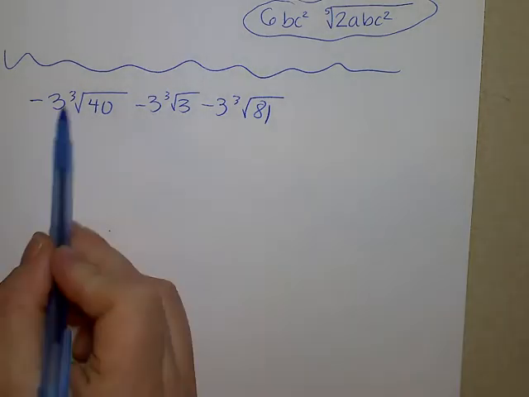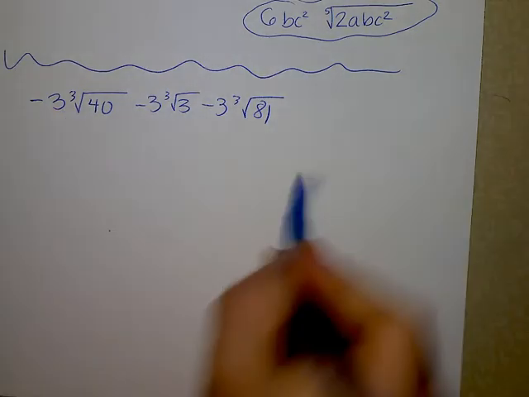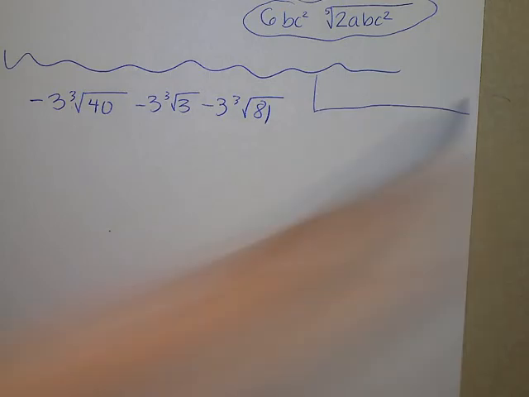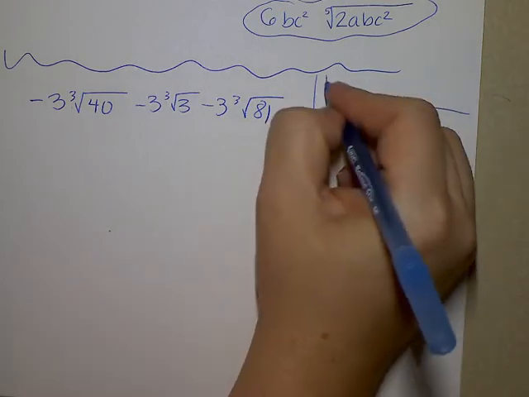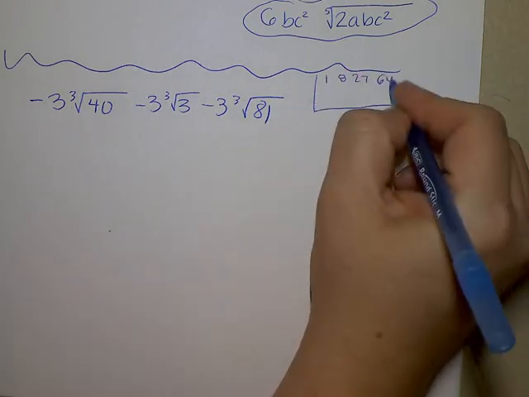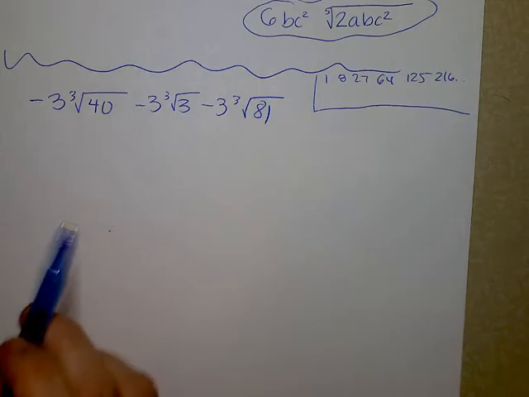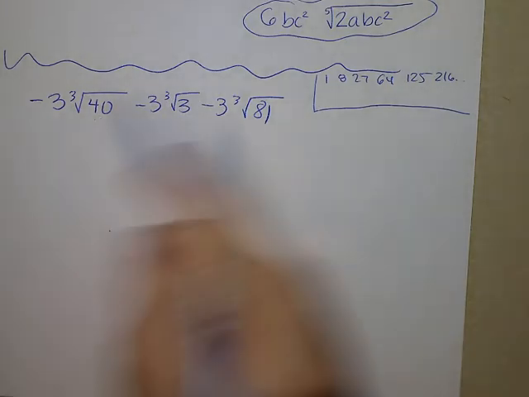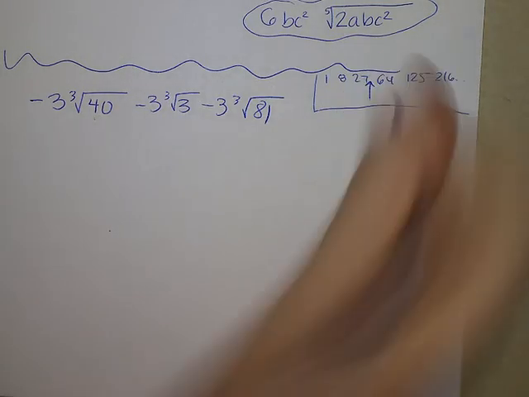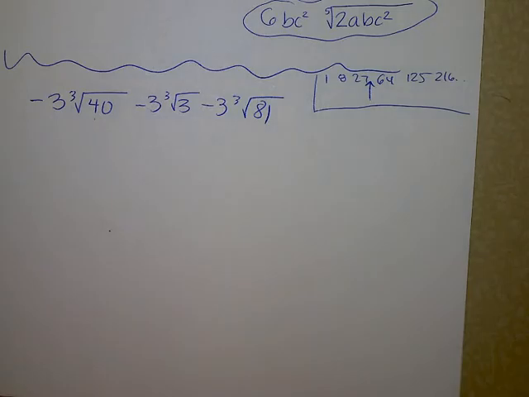Okay, here we go. Look at your cubes. I'm going to write the numbers down over here: 1, 8, 27, 64, 125, 216. Where do you start? You find where this number is. So 40 is right here, and I'm only going to look to the left of that: 1, 8, and 27.